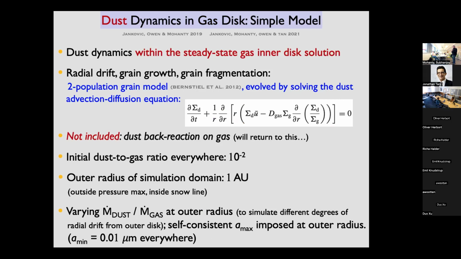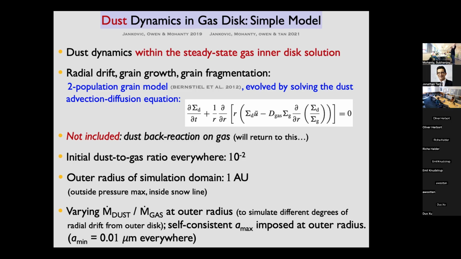We look at this in a simplified fashion by looking at the dynamics of the dust embedded inside this steady state gas disk. So we leave the underlying steady state gas disk solution fixed, and then we say, I'm going to throw in some dust and see how it behaves.